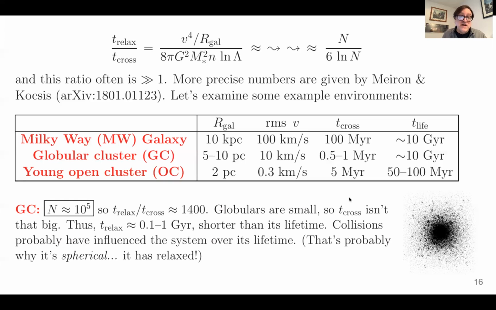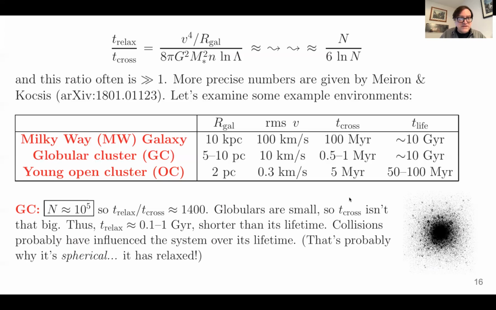And also, because the relaxation time is so short compared to the lifetime, that's probably why they look the way they do. They might have started off with some consistent angular momentum, but with so many collisions happening over the lifetime, they've randomized and become globular like we see them. It's a relaxed random distribution of speeds and positions.